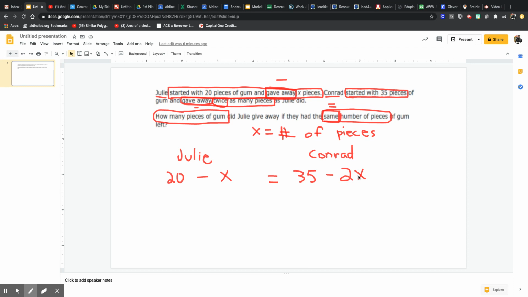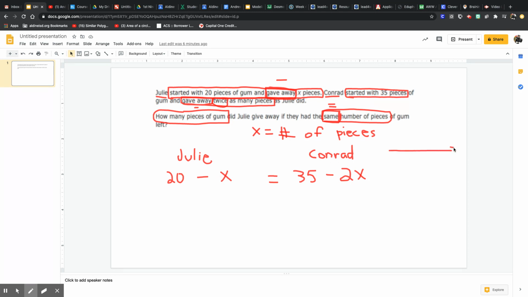Okay, so now I'm going to solve it. Whenever I have equations with variables on both sides of my equal sign, my first step is I want to get rid of one of these x's. I can get rid of either this minus x or this minus 2x. The easiest way is to get rid of the side that has the least amount of x's. Because these are both negative, these negatives can be a little tricky.